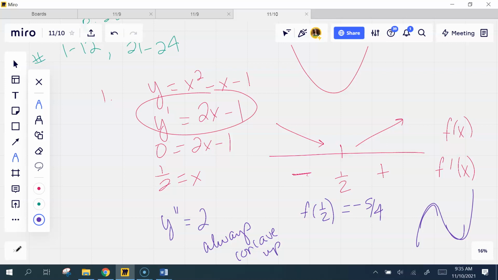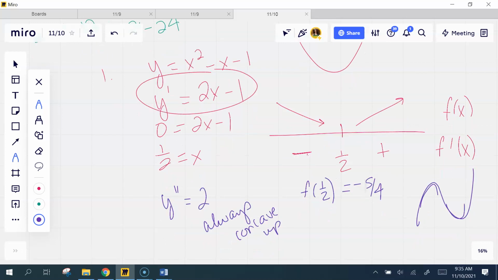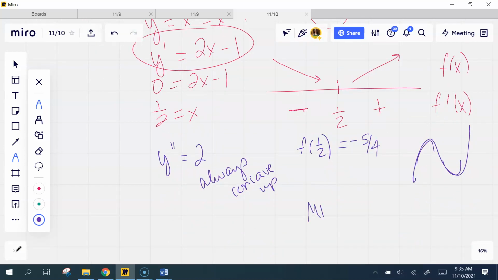Remember, we're doing all this with the derivative, but we're using it to evaluate the function itself. 1/2 squared is 1/4, 1/4 minus 1/2. We know it's an absolute minimum because of the end behavior. So the absolute minimum occurs at the point 1/2, negative 5/4.